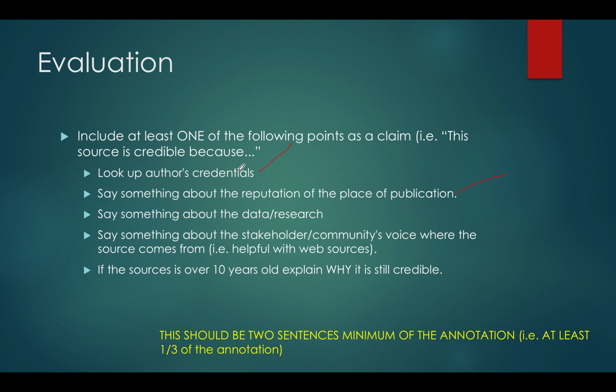But maybe the author's credentials are actually lackluster. Maybe it's somebody who's a Harvard professor but doesn't have any previous research on the subject. So maybe you have to say something about the author's credentials and the place of publication. Maybe those 2 together make one really awesome claim that this is a credible source.